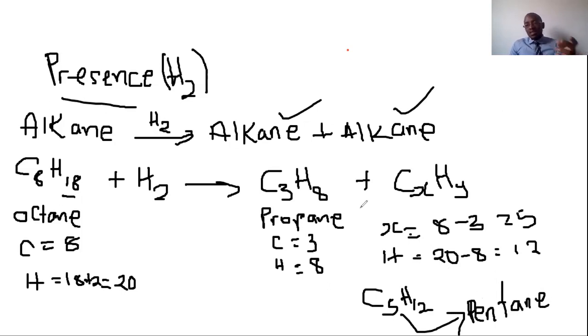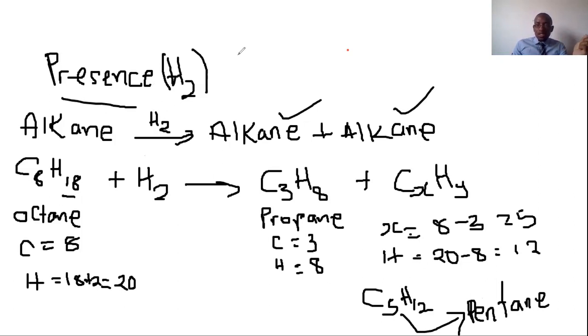So basically that is the cracking in the presence of hydrogen. In questions they specify such and such hydrocarbon goes through cracking in the presence of hydrogen. If they say in the presence of hydrogen, this is how we're supposed to do the working.